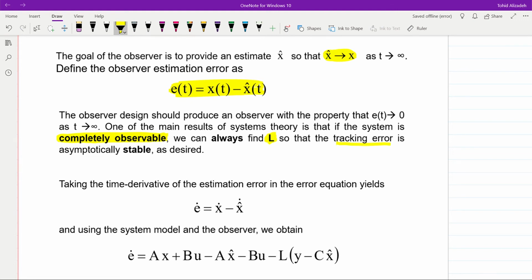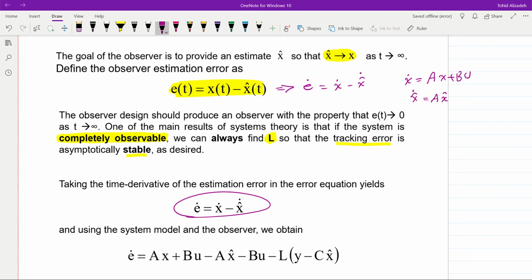Here we have the error itself. We can take the derivative of both sides with respect to time. It will give us e dot equal to x dot minus x hat dot, as we see here. And then we can replace x dot with Ax plus Bu, and x hat dot with A x hat plus Bu plus L times y minus C x hat.